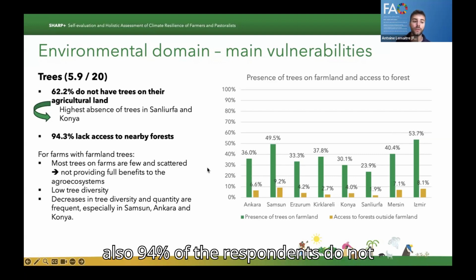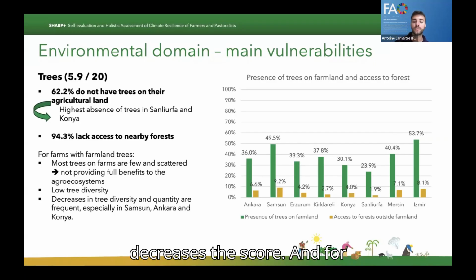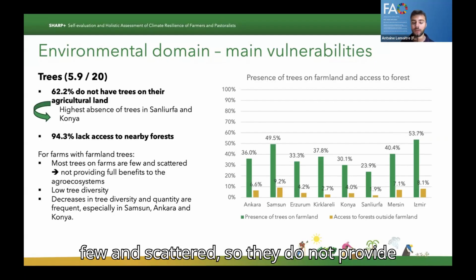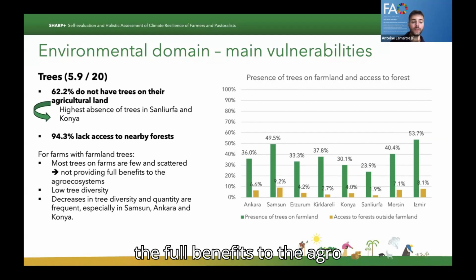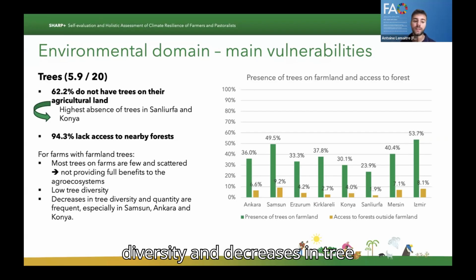And also 94% of the respondents do not have access to a nearby forest, which also decreases this score. And for the farms that have access to trees, most trees on farms are few and scattered, so they do not provide the full benefits to the agroecosystems. There's also low tree diversity and decreases in tree diversity and quantity.